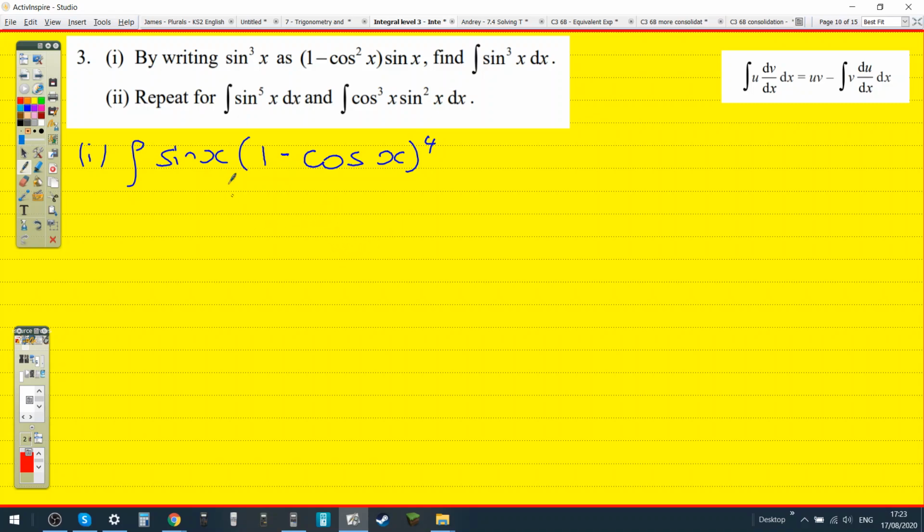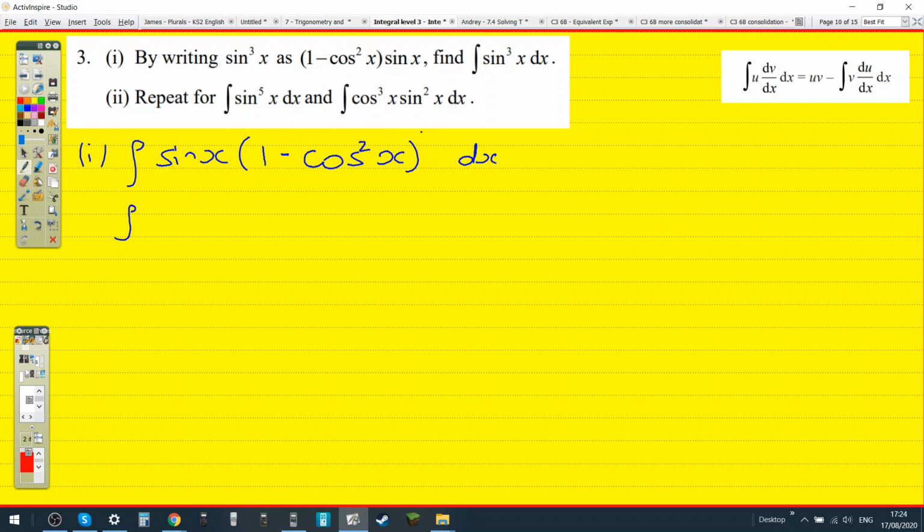Expand the bracket. Oh, why did you do 1 minus cos x to the 4? I thought it was sine x to the 4, and then 1 minus cos squared x.